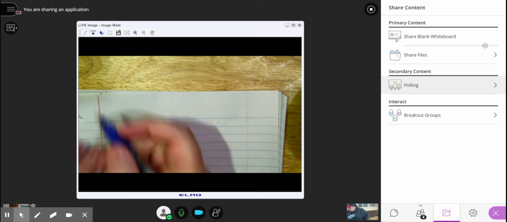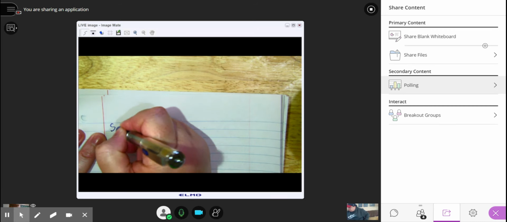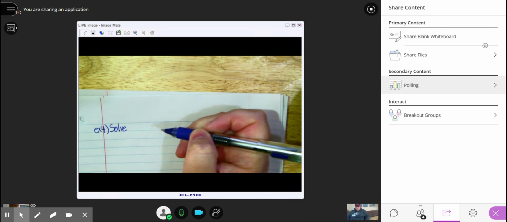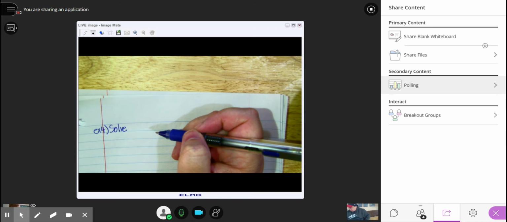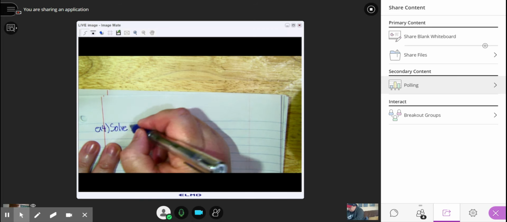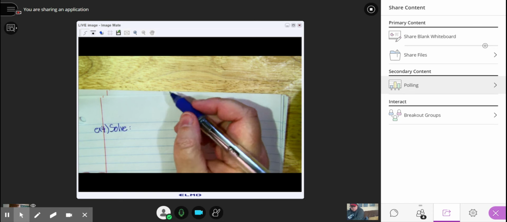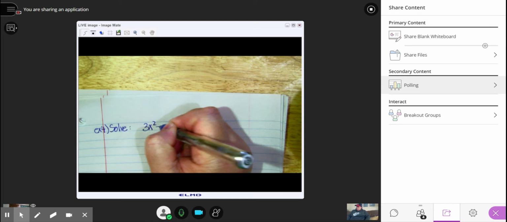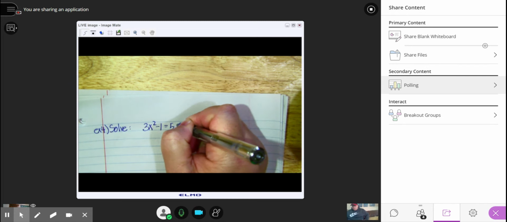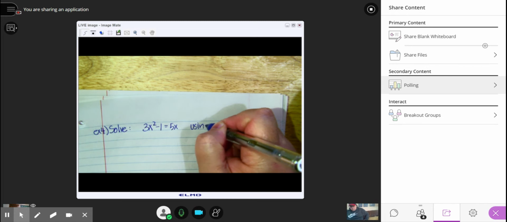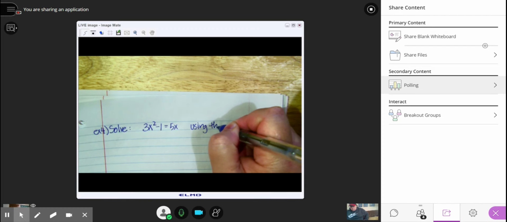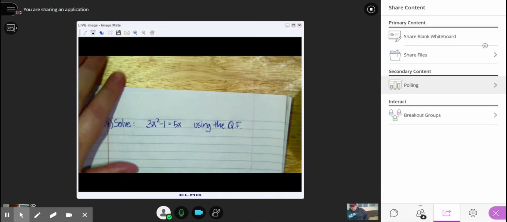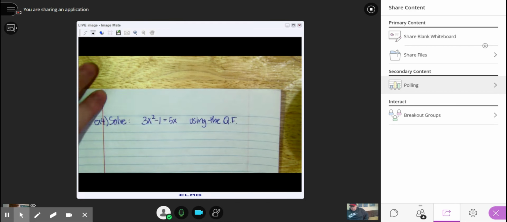All right. This is example 4, I guess. All right, so now we want to solve 3x squared minus 1 equals 5x using quadratic formula.